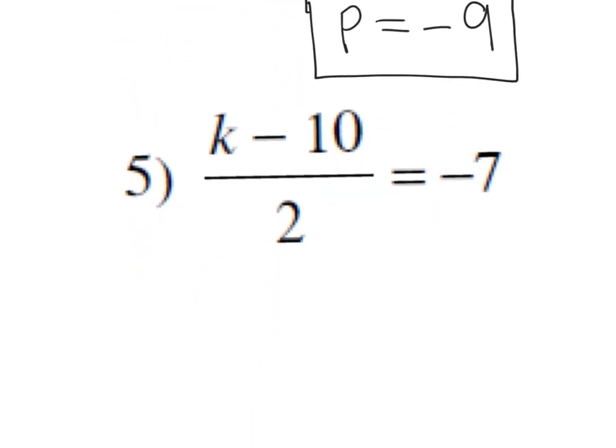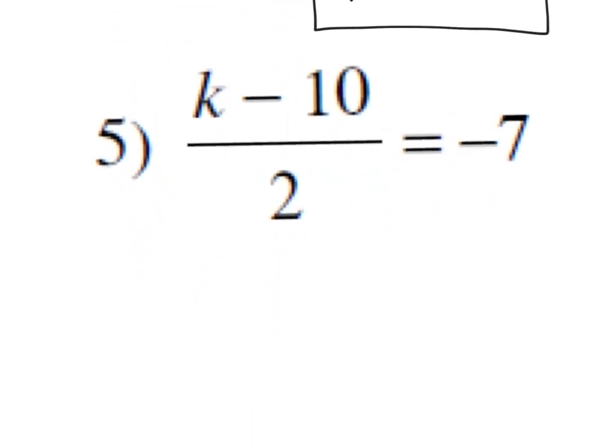Moving right along to 5. K minus 10 all over 2 equals negative 7. When you have everything over that fraction, the first thing I want to do is clear my fractions. I hate them. So to clear that, it's still like a division problem, so I'm going to multiply by 2.